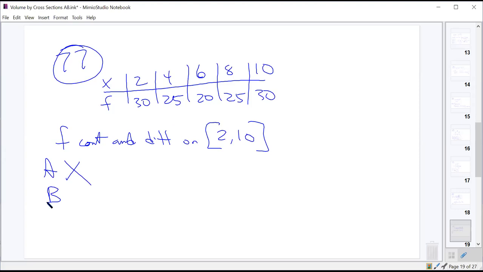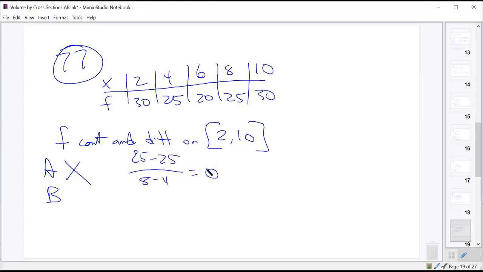So now they want us to think, well, I can't find f prime of 6, but my best approximation for f prime at 6 is the slope between 4 and 8, which is 0. But we have to remember that's just an approximation. We're not guaranteed that that slope is 0. Based on the mean value theorem for derivatives, the slope between 4 and 8 is 25 minus 25 over 8 minus 4, that's 0.